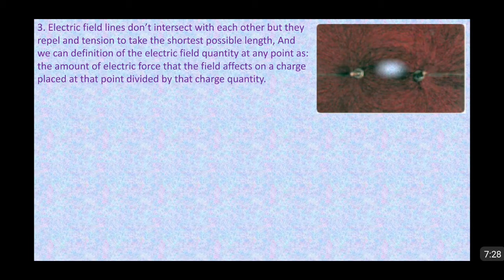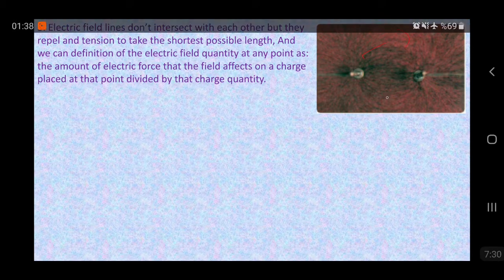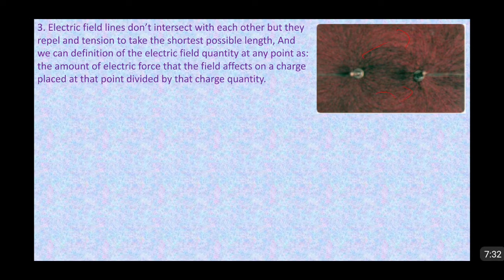Look at the figure. For example, this one is iron pieces. When we give the electricity, they move to the other side, from the positive to the negative charge.